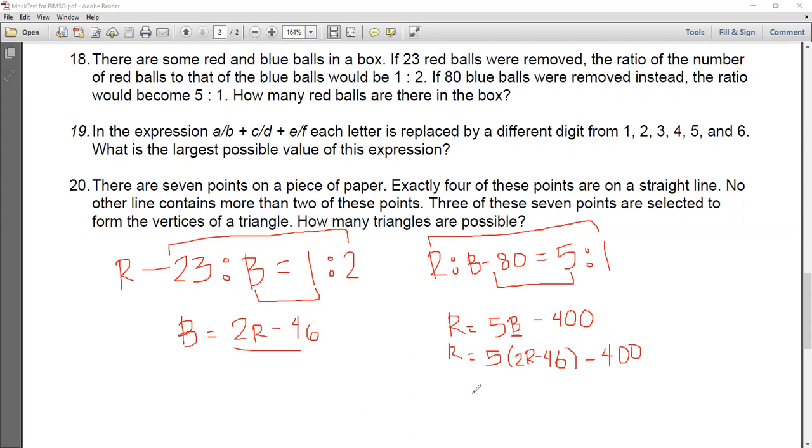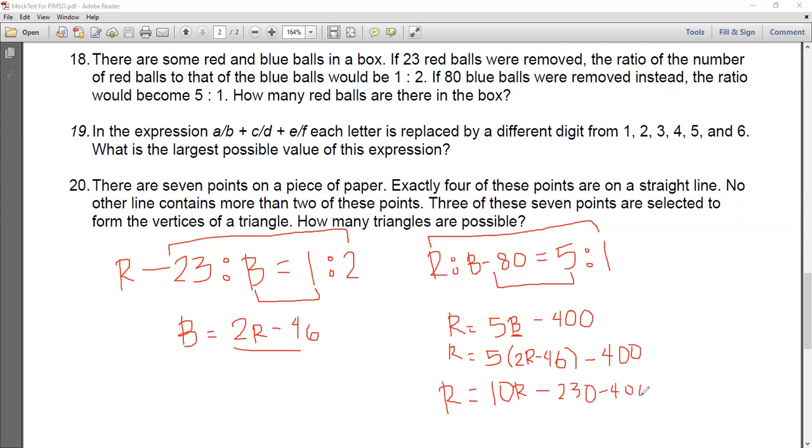Solving for this one, this would be 10R. So R is equal to, 5 times 46, that is 230, so minus 230 minus 400.